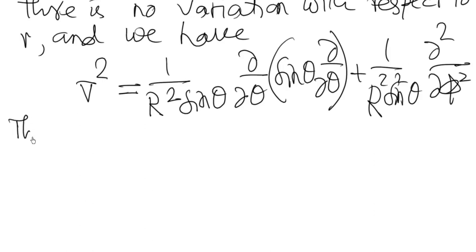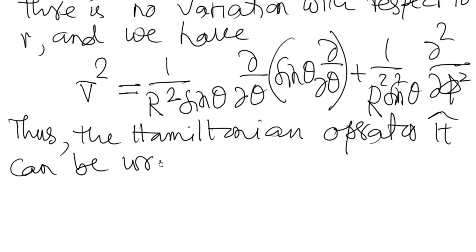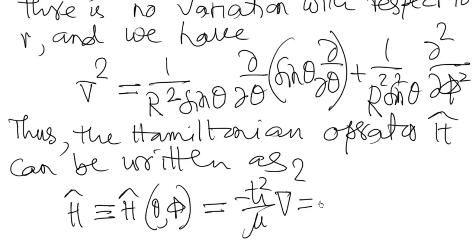Thus the Hamiltonian operator H, which is now a function of only theta and phi, is minus h bar square by twice mu del square.